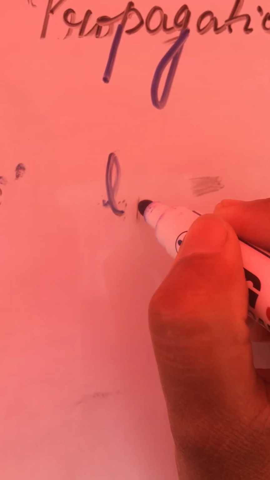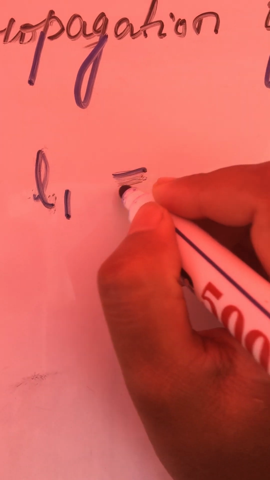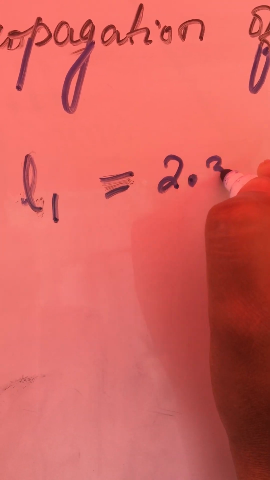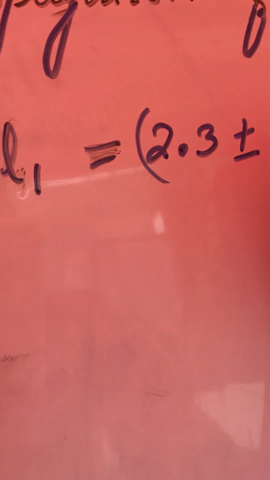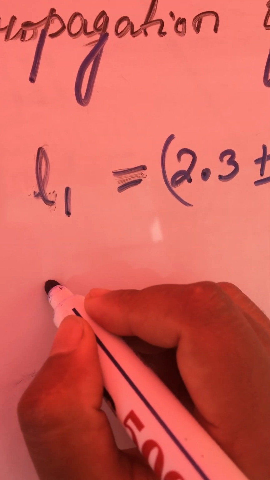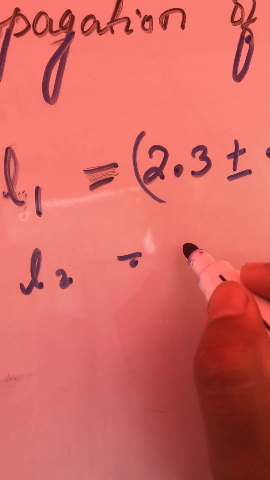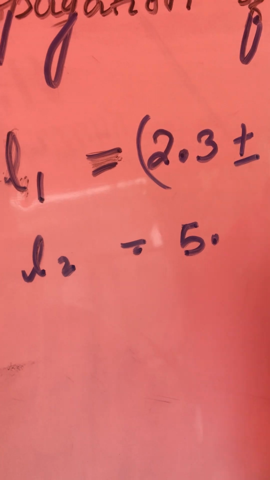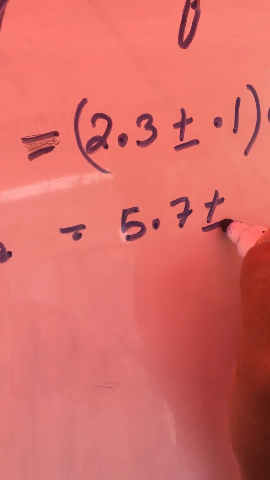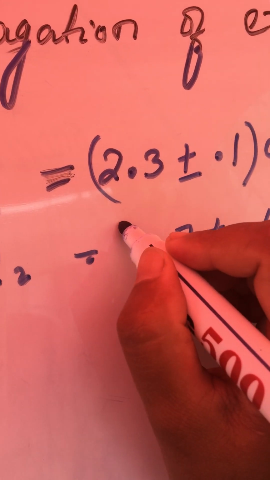Say L1 is equal to 2.3 plus minus 0.1 centimeter, and L2 is equal to 5.7 plus minus 0.1 centimeter.